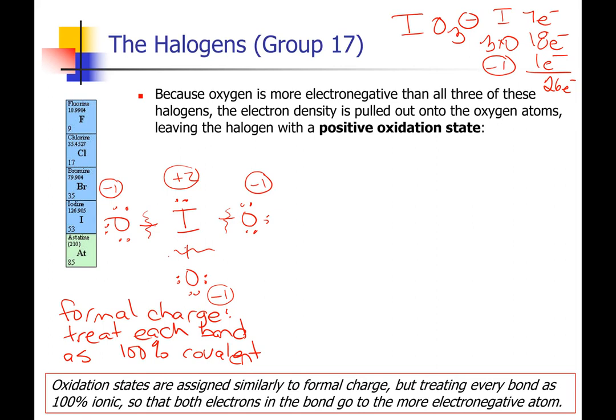So if I want to use my Lewis diagram to calculate oxidation state, I need to start with my Lewis diagram again. And I will start with that version there.